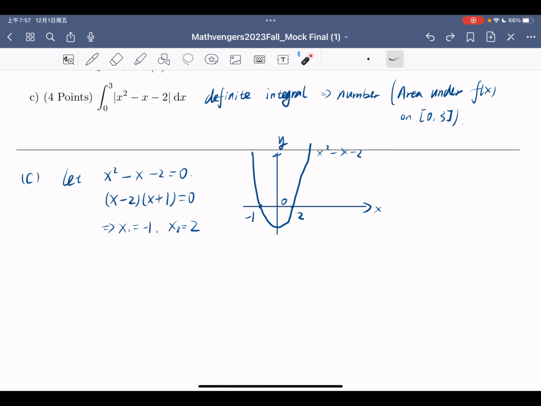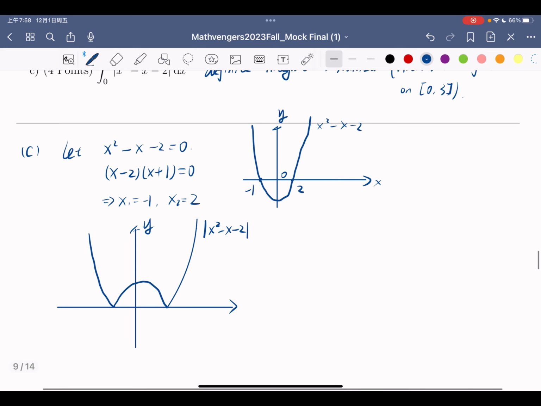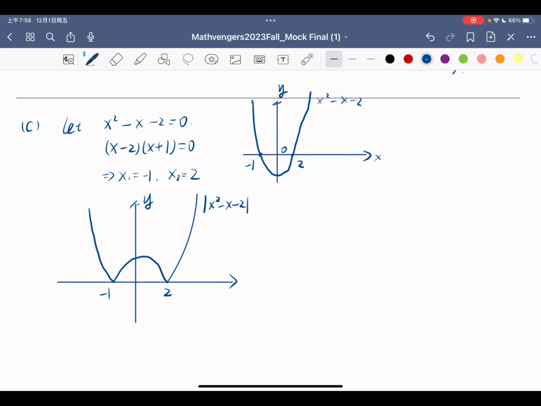The way to make this part positive is to reflect this into the part above the x-axis. Okay, so now the function becomes this. Okay, this is the absolute value function. This is -1 and +2.